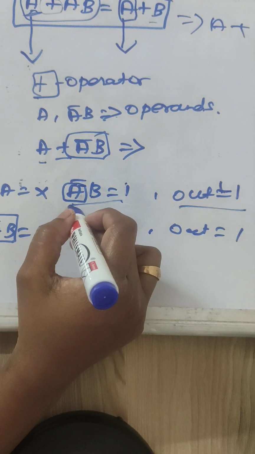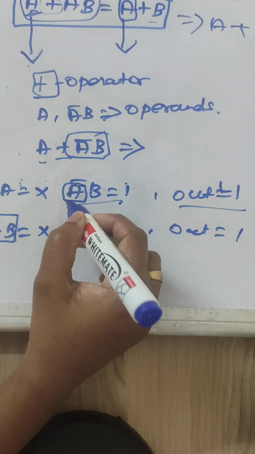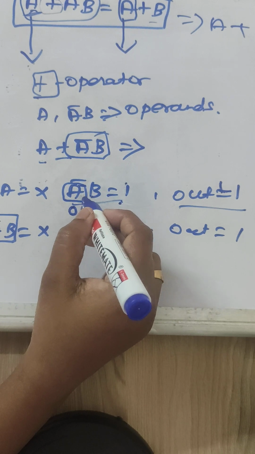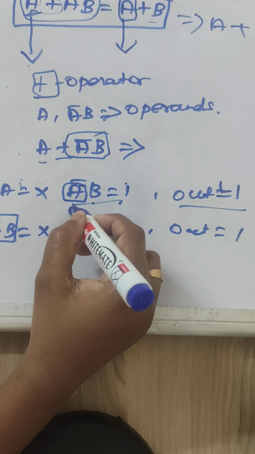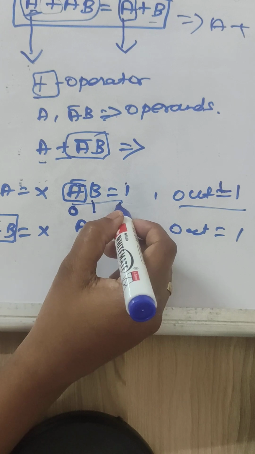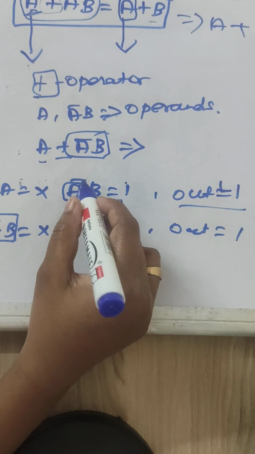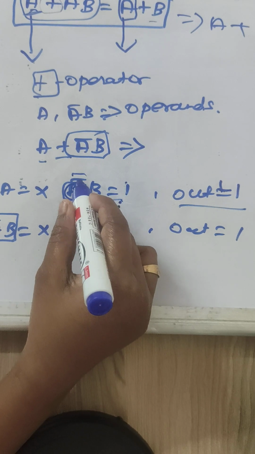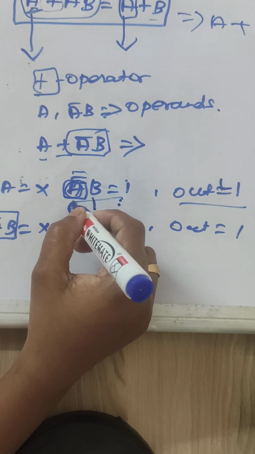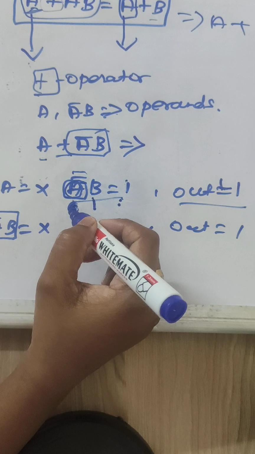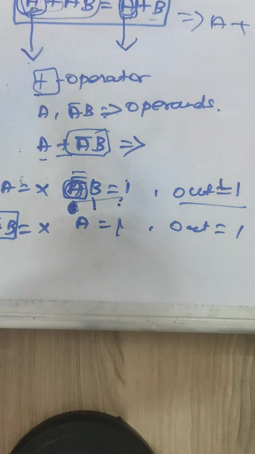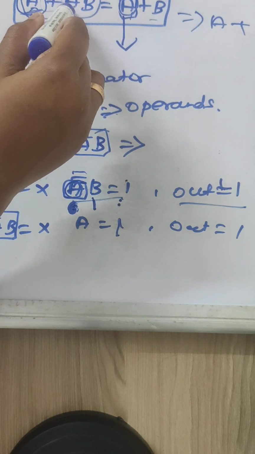If the A input is 0, then A bar becomes 1, and B also needs to be 1 to make this high. So when A becomes 0, this term is not playing any role at that time. So this becomes 0.